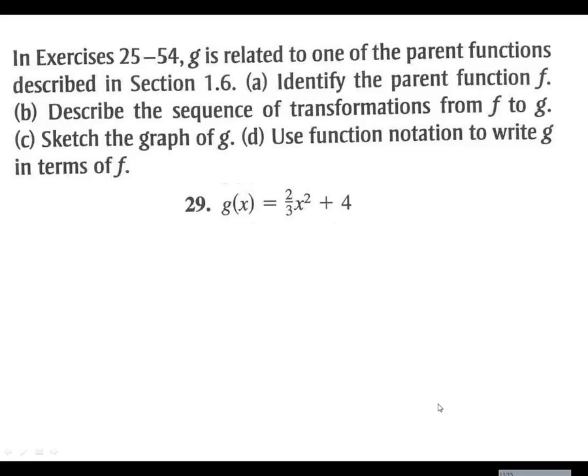Alright, the parent function on this is f of x equals x squared, so we're dealing with a parabola.